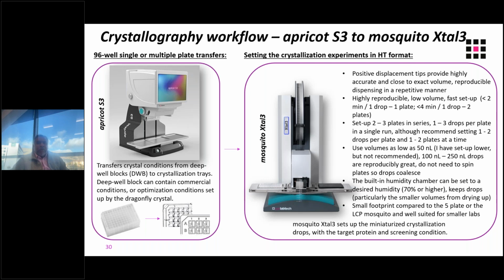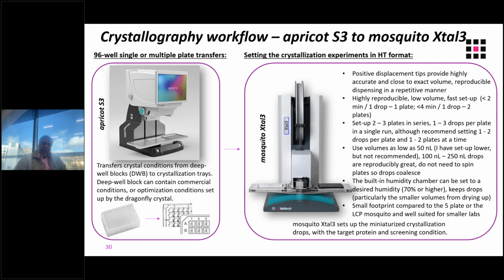Of course, I don't recommend trying to set up 3 drops or 3 different proteins in one shot, because you still want to avoid leaving your protein, especially in these small volumes, exposed to air for a long time.